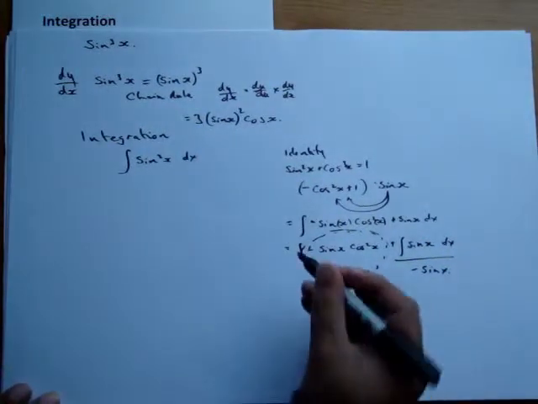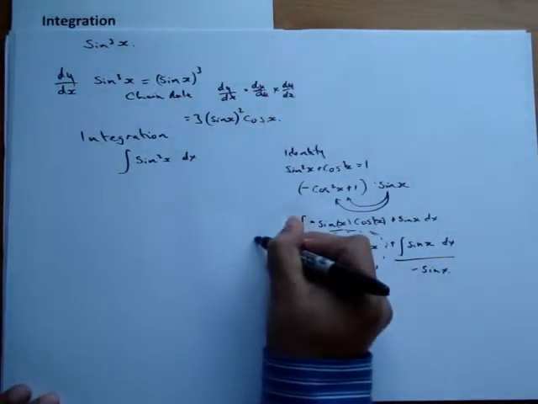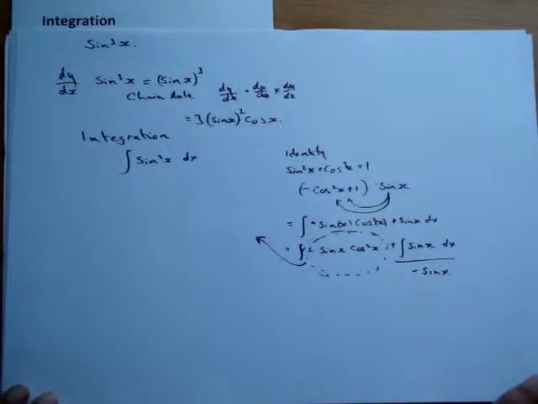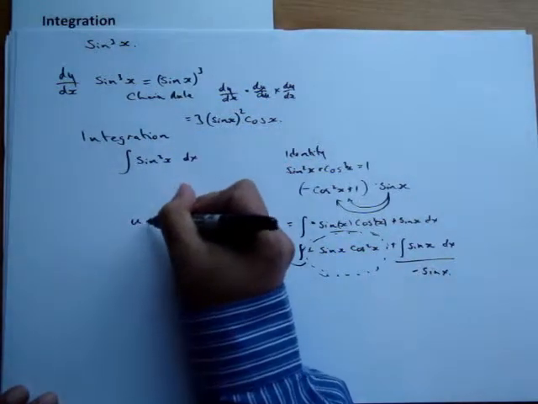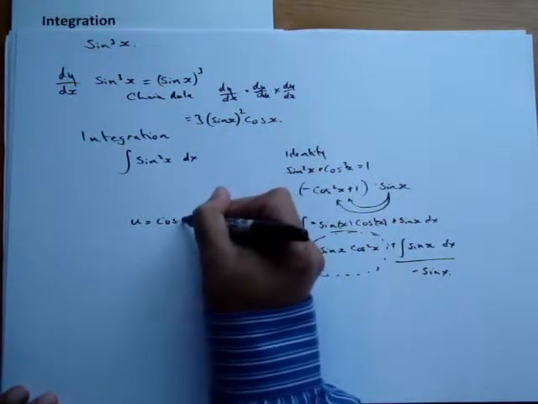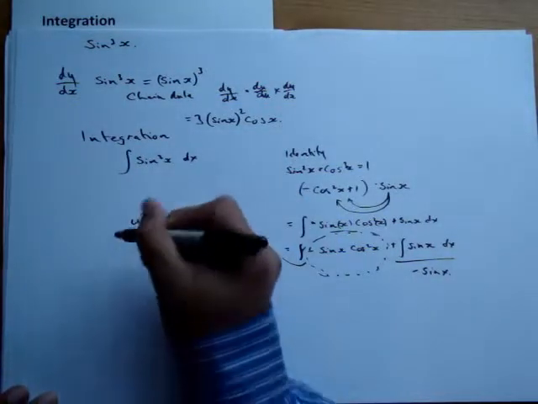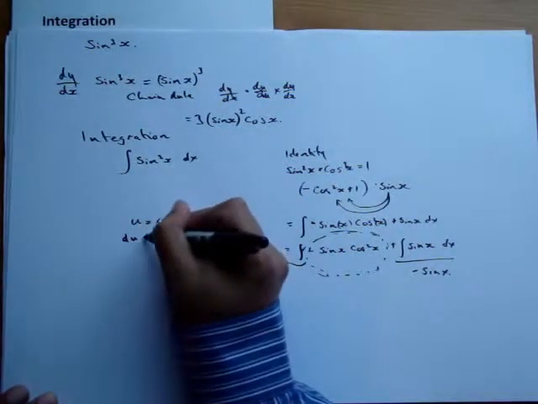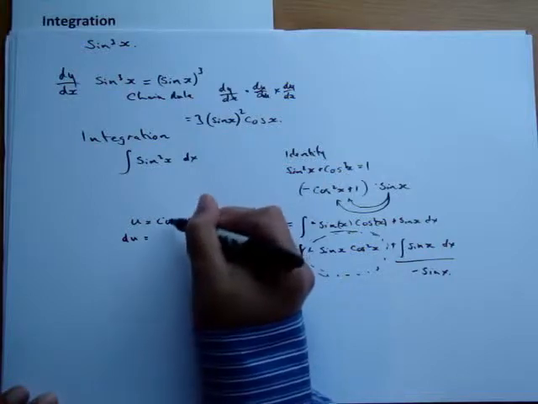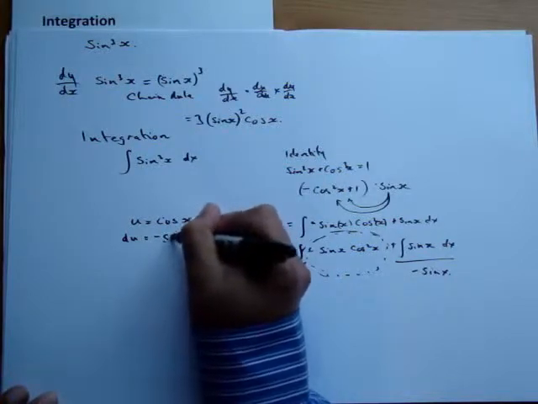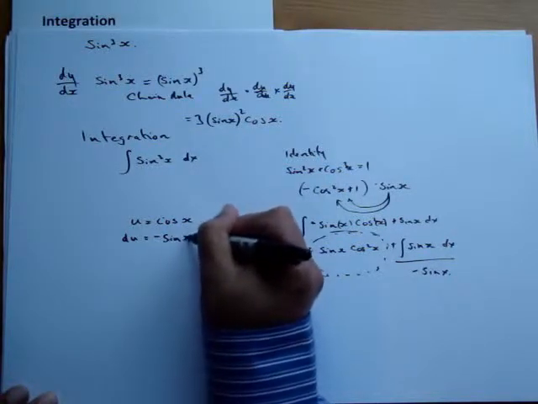So what we do is bring that over here. U equals cos x, du: when we differentiate cos x, we get minus sine x dx.